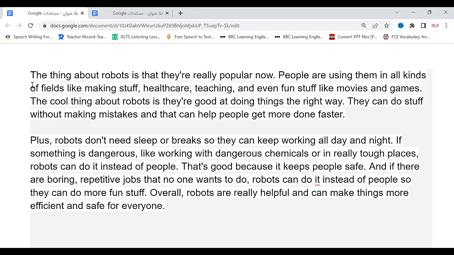People are using them in all kinds of fields, like making stuff, healthcare, teaching, and even fun stuff like videos or movies and games. The cool thing about robots is they are good at doing things the right way. They can do stuff without making mistakes, and that can help people get more done faster.